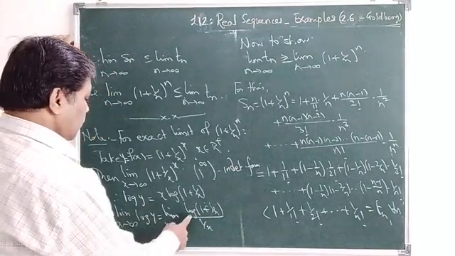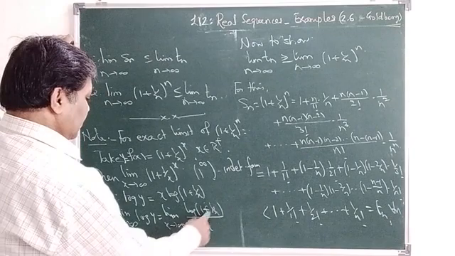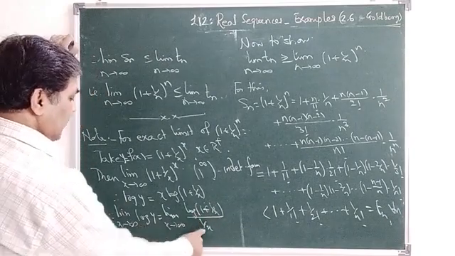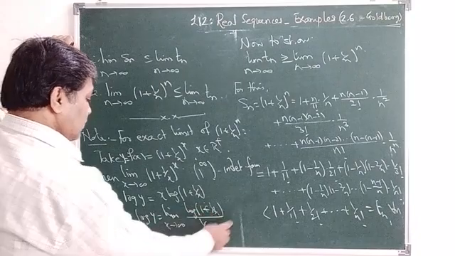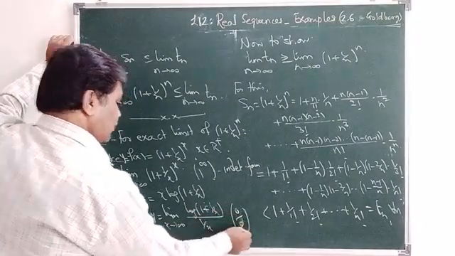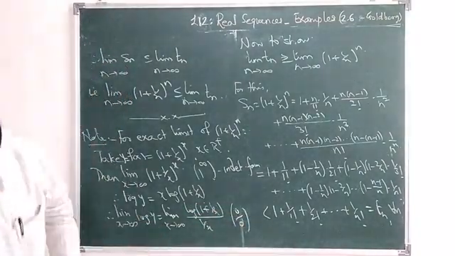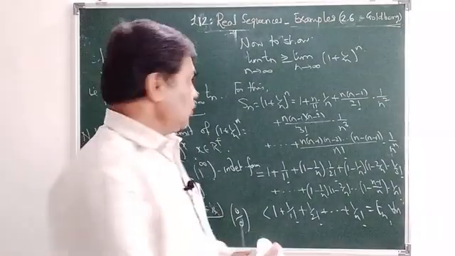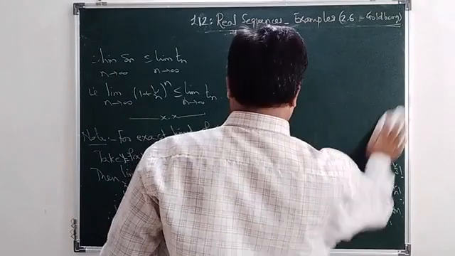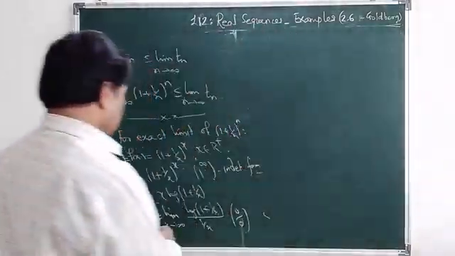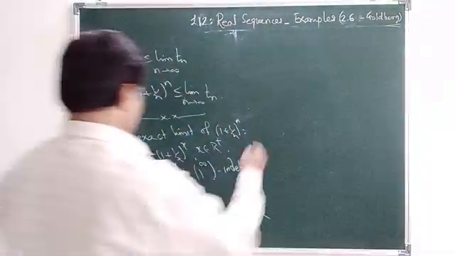Now as x tends to infinity, this 1 by x goes to 0, so it is a 0 by 0 form. So for 0 by 0, what we have to do? We'll take derivative of numerator and derivative of denominator.